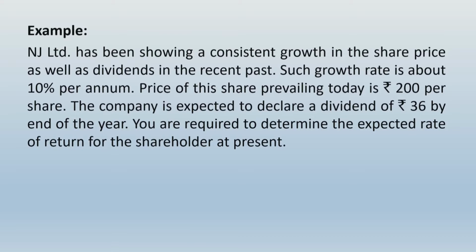Such growth rate is about 10% per annum. The price of this share prevailing today is rupees 200 per share. The company is expected to declare a dividend of rupees 36 by the end of the year. You are required to determine the expected rate of return for the shareholder at present.